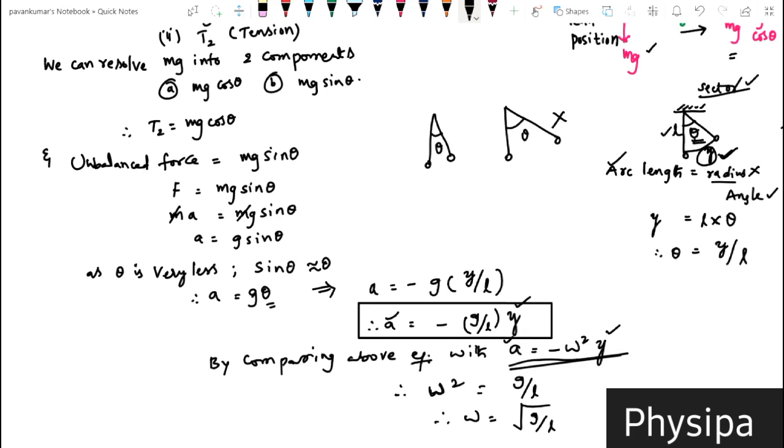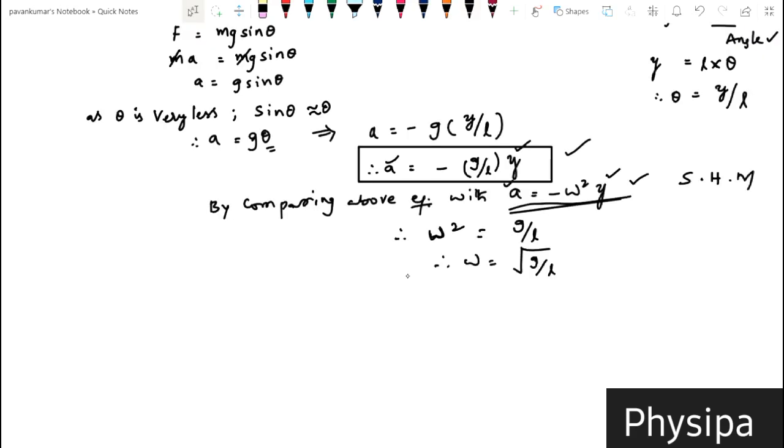So we can say that the motion of a simple pendulum is simple harmonic motion.